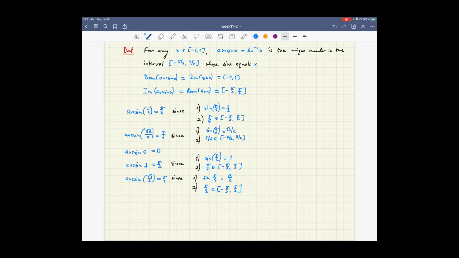What about negative values of arcsine of negative arguments? Well, arcsine of negative 1/2, for instance, I claim is negative pi over 6. That is because sine of negative pi over 6 is, by the fact that sine is odd, negative sine of pi over 6, and that's negative 1/2, and also negative pi over 6 is in the interval.